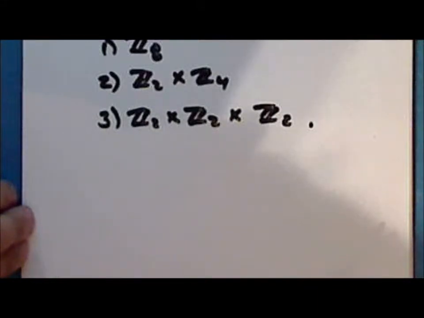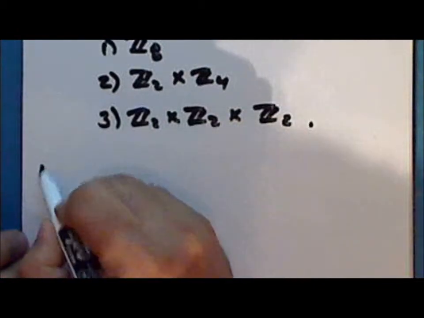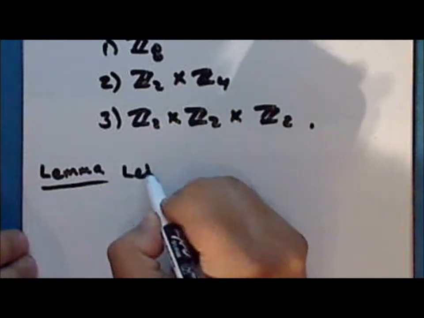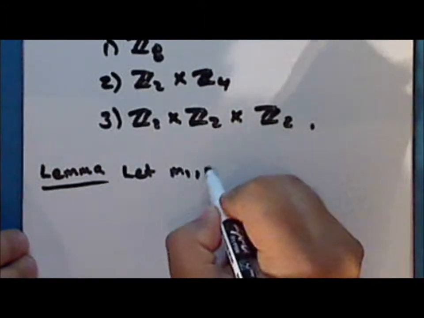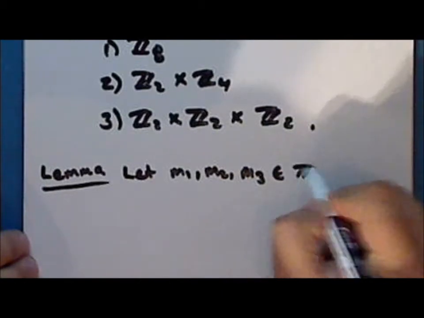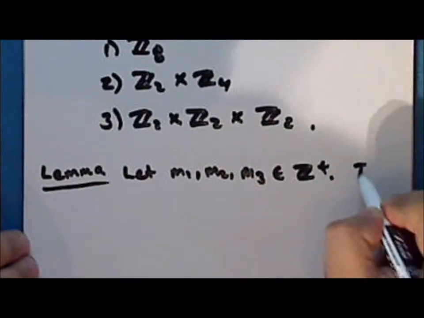Now, from the exercises, it appears that we can generalize the previous theorem, but first we need to prove a lemma. So let m sub 1, m sub 2, and m sub 3 be positive integers.